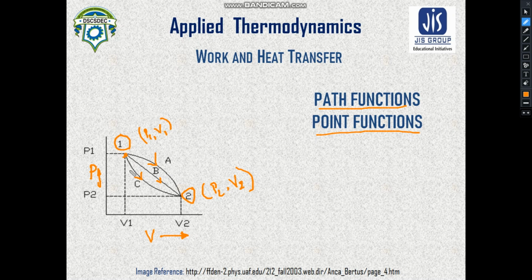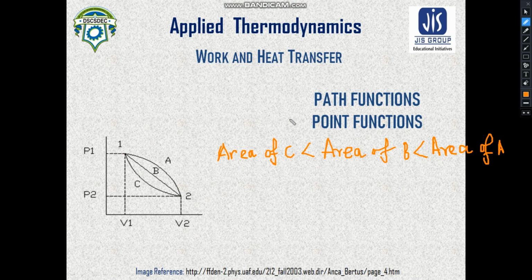Obviously the area under curve C is less than the area under curve B and the area under curve A. So let us write down here, area of C is less than area of B and area of A. So depending on the paths, the values of these specific functions, not properties, differ.